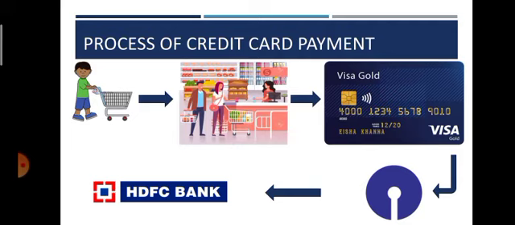These two banks are different, so the customer's amount is transferred from SBI to HDFC bank. Here there is no role of cash. So if the customer does not have cash in hand, he can still purchase anything from the shopping store.